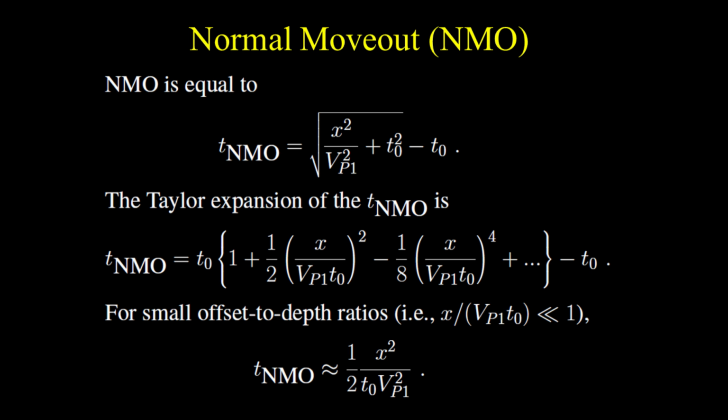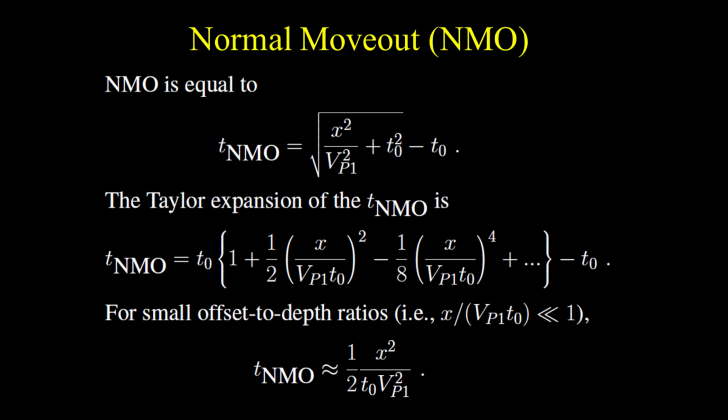The Taylor expansion of the T_NMO is given here by the second equation. For small offset to depth ratios, T_NMO can be reduced to a parabolic form, which is shown by the last equation here. This is a convenient form of an NMO equation for near offset reflections.